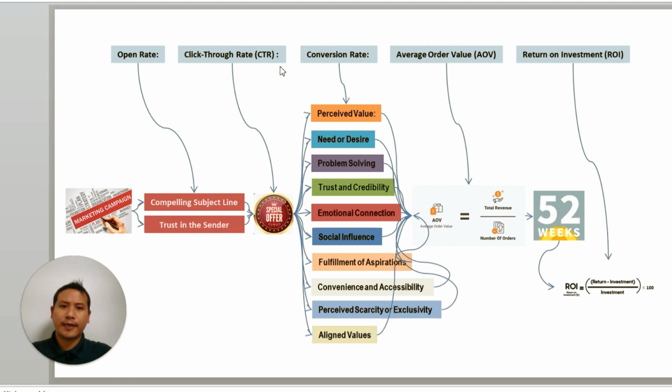The good thing is that you can resend this mail 52 times. So if the first client has consumed the product within a week, the chances are that you can go at least a minimum of 52 times in a year. So that's the other way to work around your ROI.